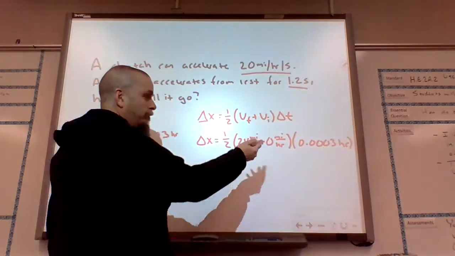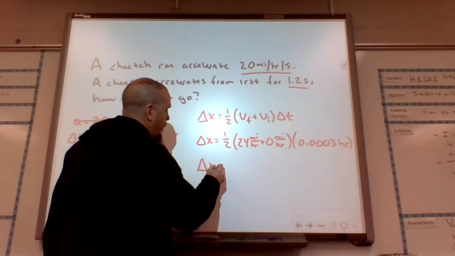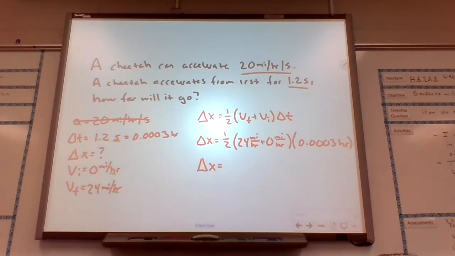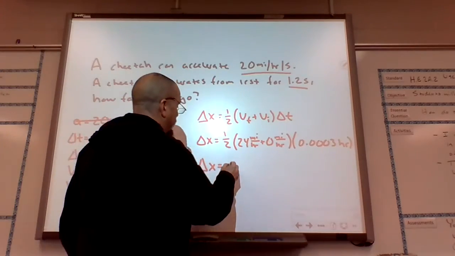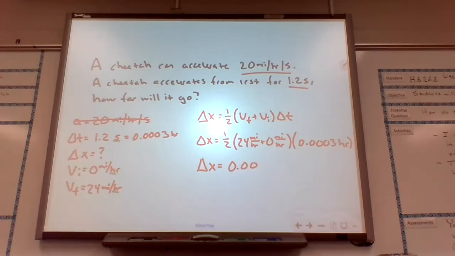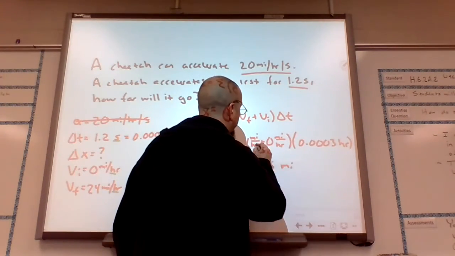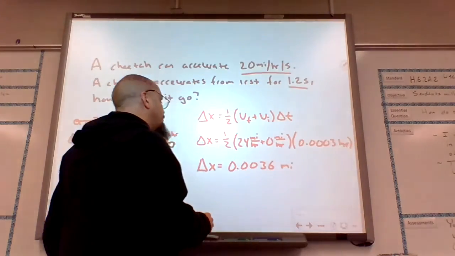Again, making sure those units are the same so that they will cancel out correctly. So 1/2 times 24 is 12 times 0.0003 is 3.6 times 10 to the negative third, or 0.0036. And that would be miles because the hours are going to cancel.